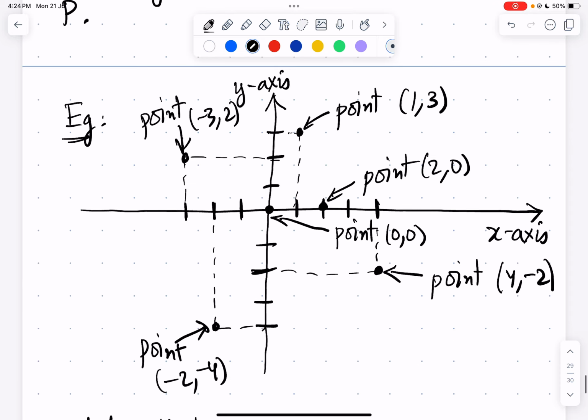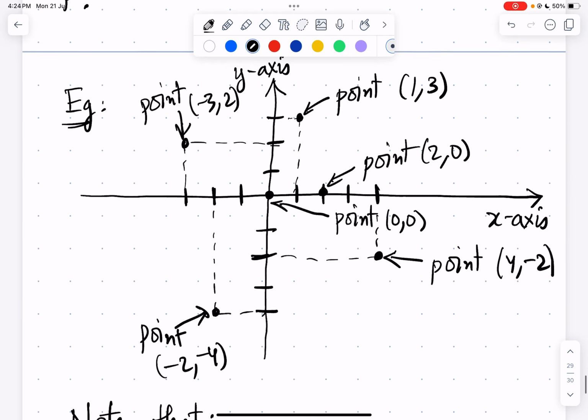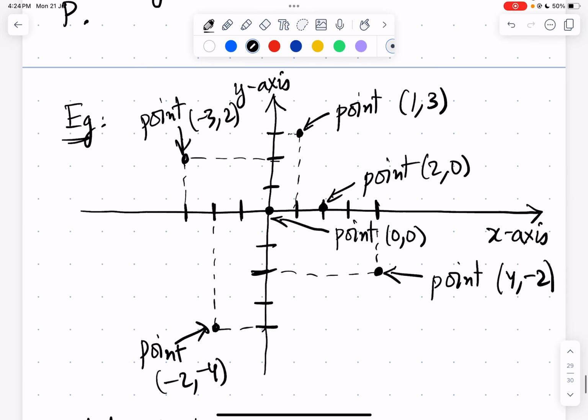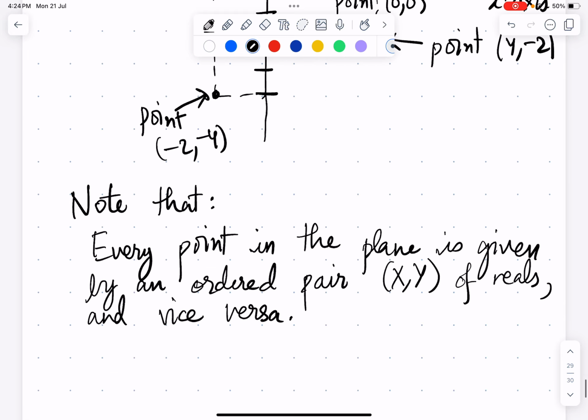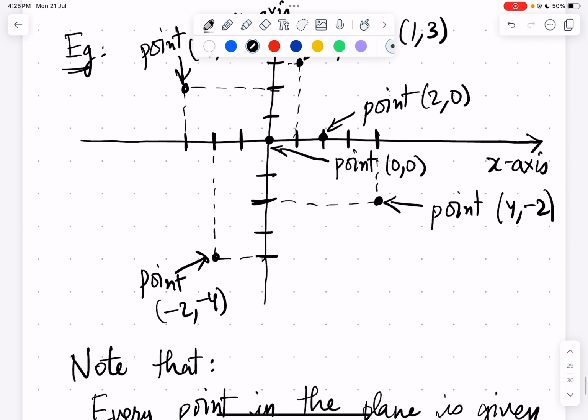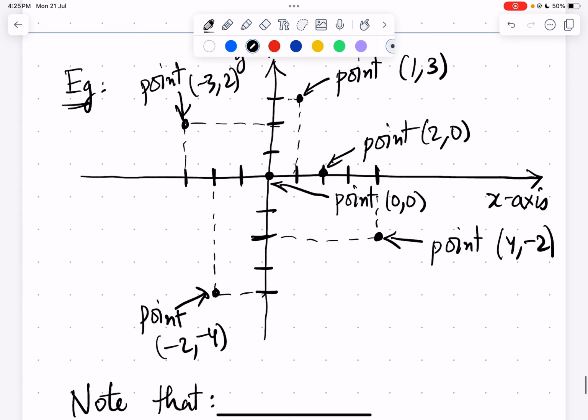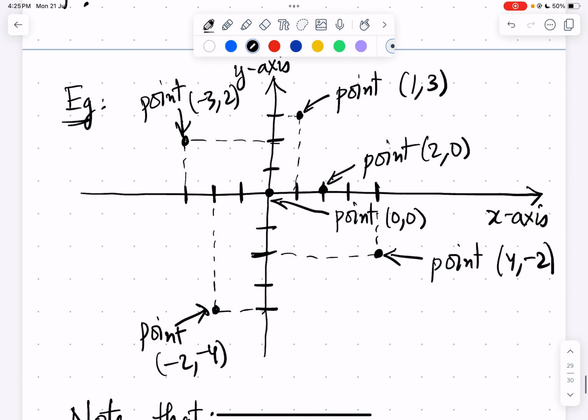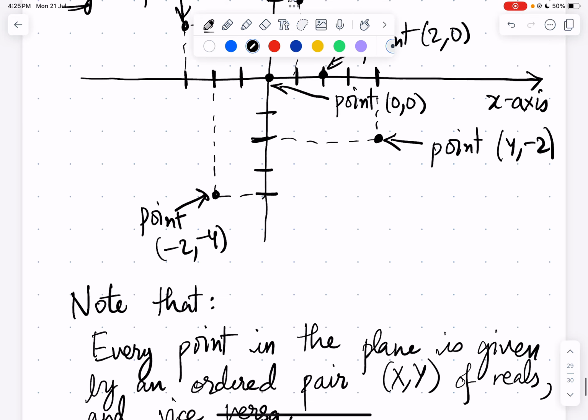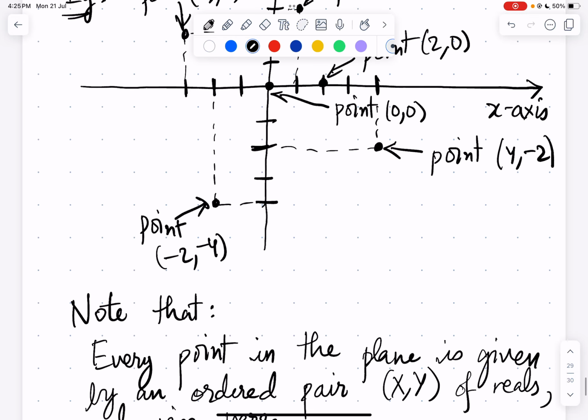If you think about it, we can basically think of the points in the plane as just ordered pairs of real numbers, capital X and capital Y. So every point in the plane is given by an ordered pair of reals, namely the address, informally speaking, of that point, and vice versa. Given any ordered pair of reals, you will get a point.